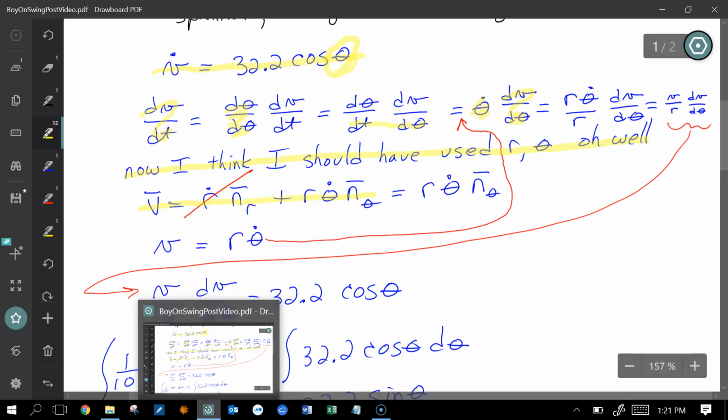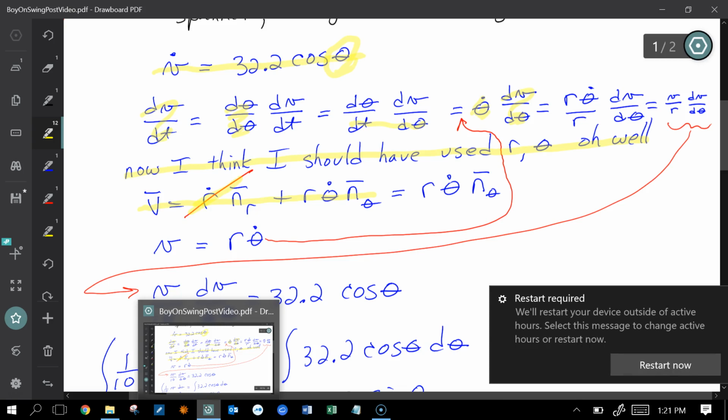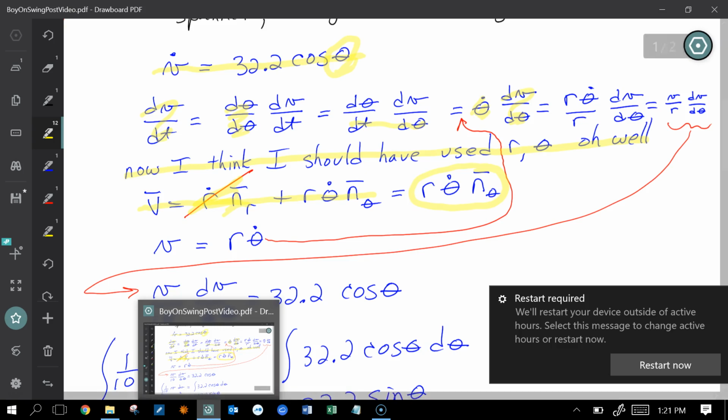Because he's on a circle, r dot is 0, so this term is gone. And the only thing you're left with is the r theta dot in the theta direction. So that's the velocity. Speed is the magnitude of that. So speed, little v, is simply r theta dot. So that's what I put in up here. So I'm going to multiply by r, divide by r.